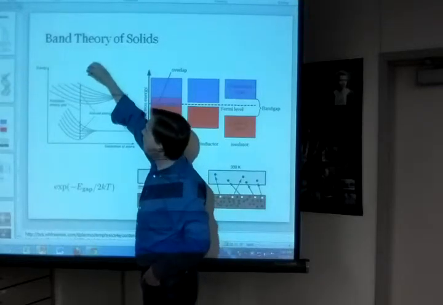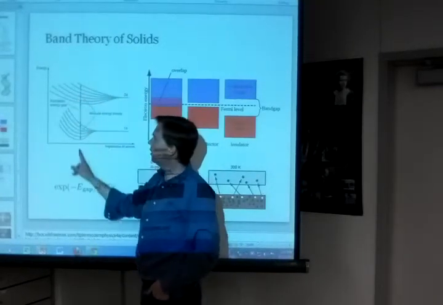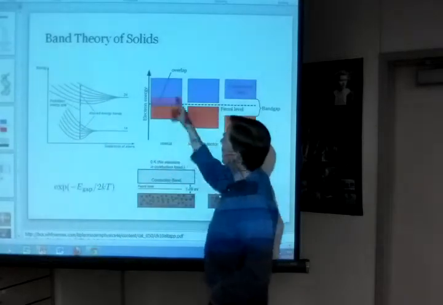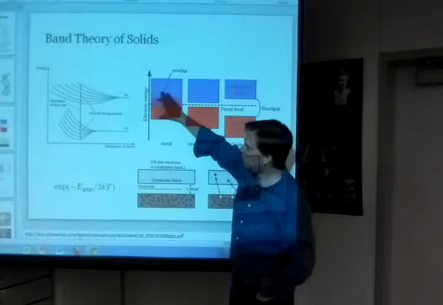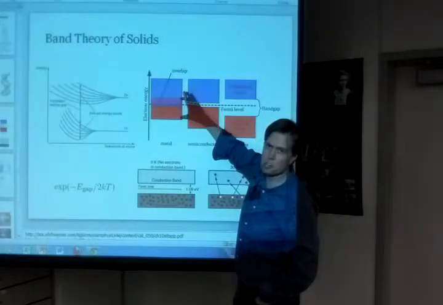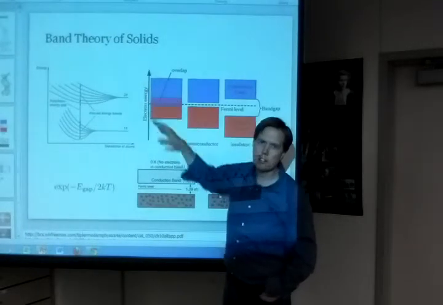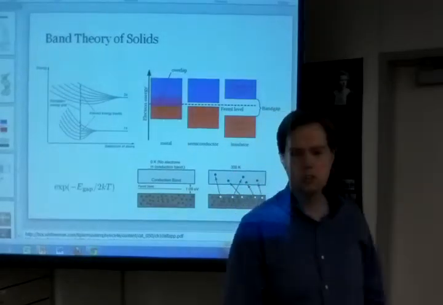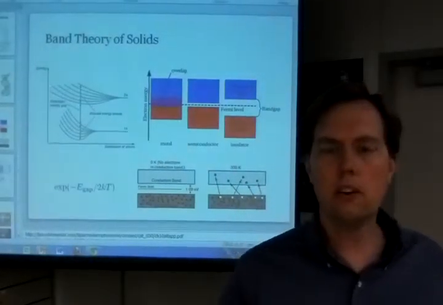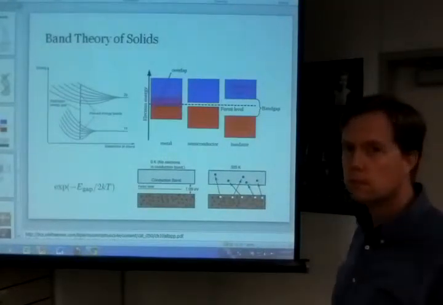You imagine that this spread means they actually start to overlap at the equilibrium state. When that happens, there are electrons here, and the amount of energy required to get into the conduction band is practically zero. All they have to do is hop up here, and then they can start to move. That's why a metal easily allows the transport of electrons, because that conduction band is easily available.